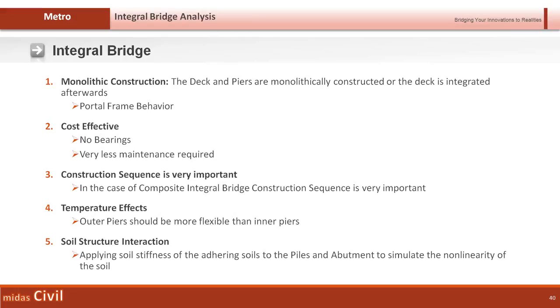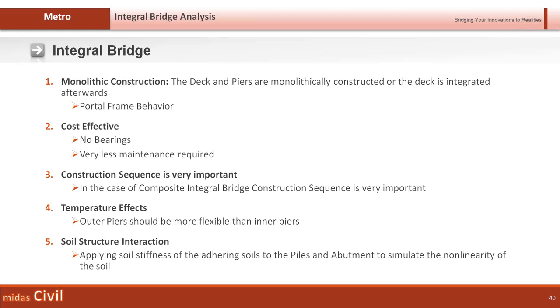Okay, and one of the most important things that needs to be considered in an integral bridge is soil structure interaction, because we need to apply the soil stiffness of the adjoining soils to the piles and the abutments. Because the soil has a non-linear behavior, in an integral bridge it will affect the structure a lot.